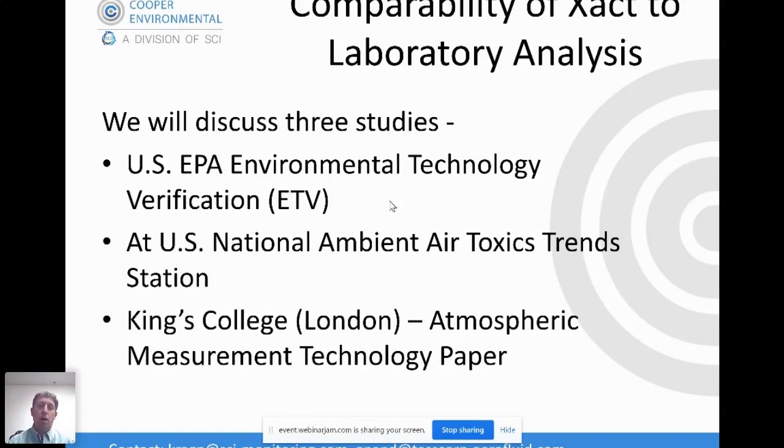But the 3 that we'll be talking about are the US EPA's Environmental Technology Verification Study that was done several years ago, the ETV program. We'll be talking about a comparison study that was done in the United States at a national ambient air toxics trend station. And then finally, our third study is one that was done by King's College in London and published in Atmospheric Measurement Techniques.